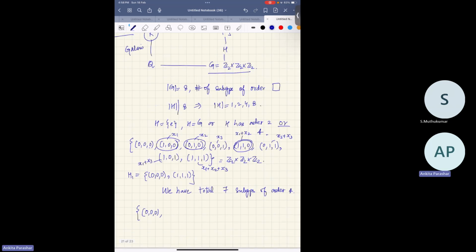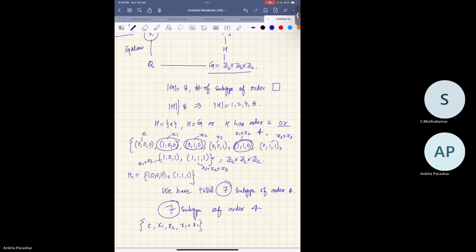So you notice that you can make 7 subgroups of order 4 out of this. How? Take, let's say, {e, x1, x2, x1 plus x2}.